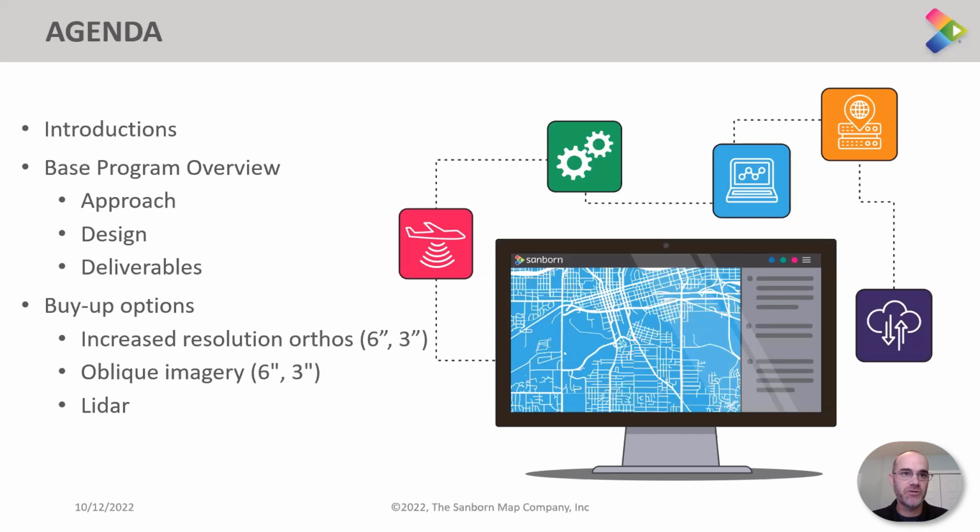We thought it'd be valuable for folks who may not be overly familiar with the 2017 work or just the imagery program in general to cover the high level approach and design and some of the base deliverables, but then really shift focus, as Shelby mentioned, to potential buy-up options coming through the contract available to you, whether it's increased resolution ortho imagery, 6-inch or 3-inch, oblique imagery, so this would be a 5-view oblique product, which we'll go into a little bit of detail on, and then LiDAR and then some others as well.